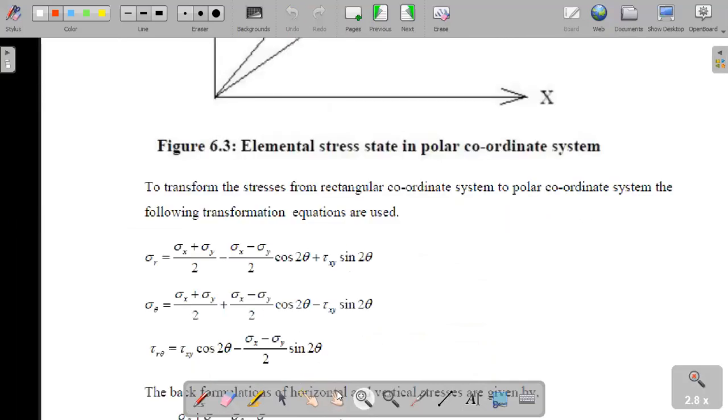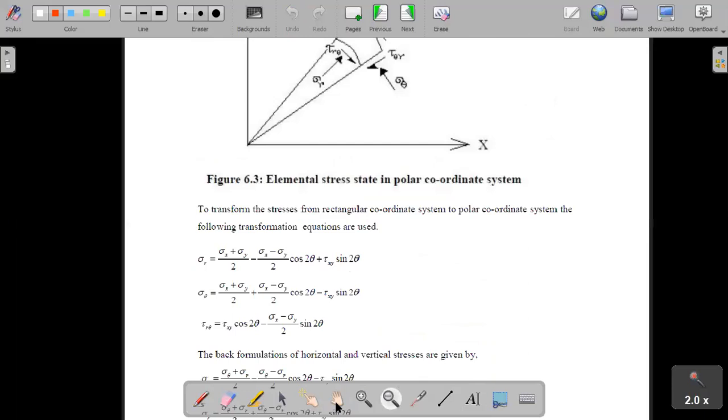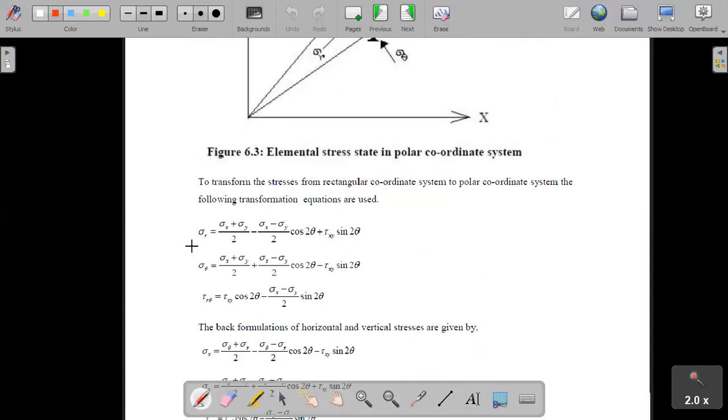You all know this formula. Sigma r and sigma theta and tau r theta. Yes, sir.